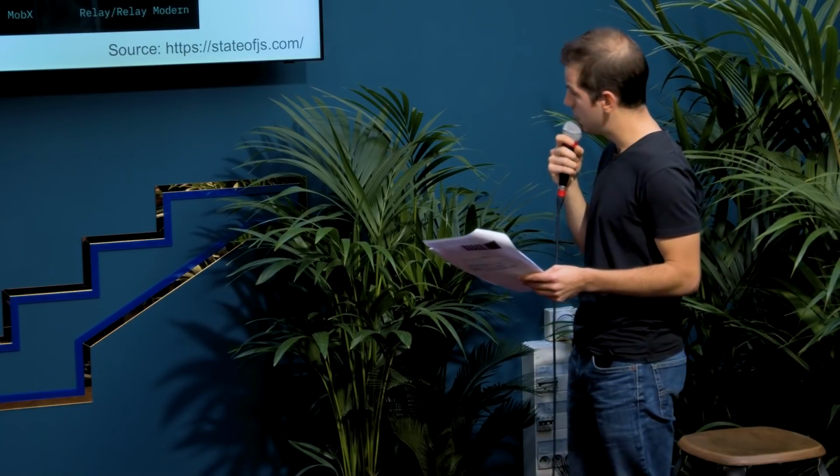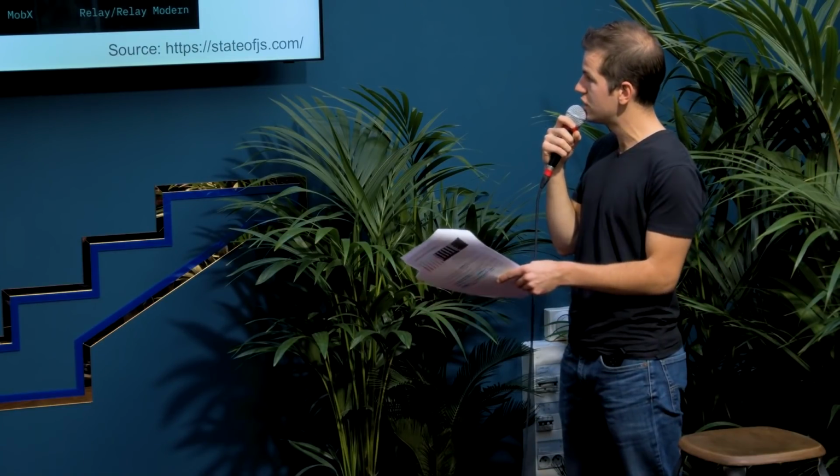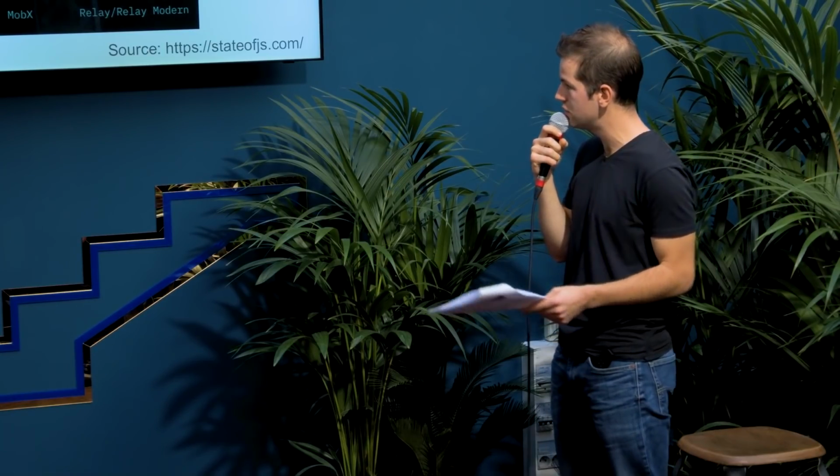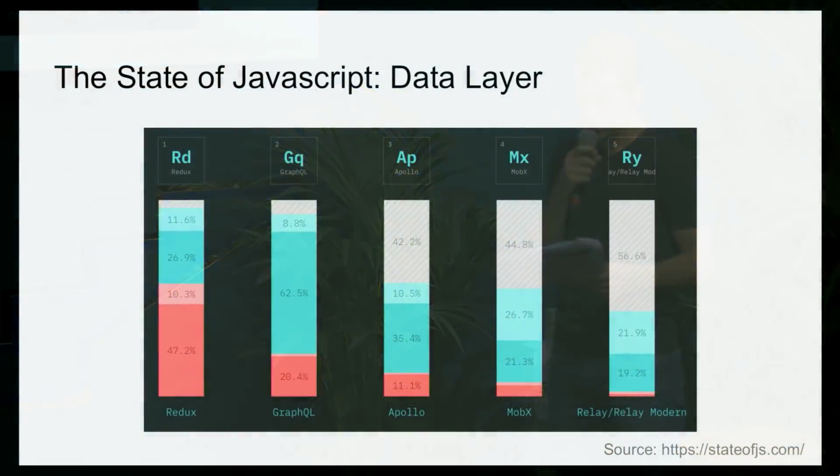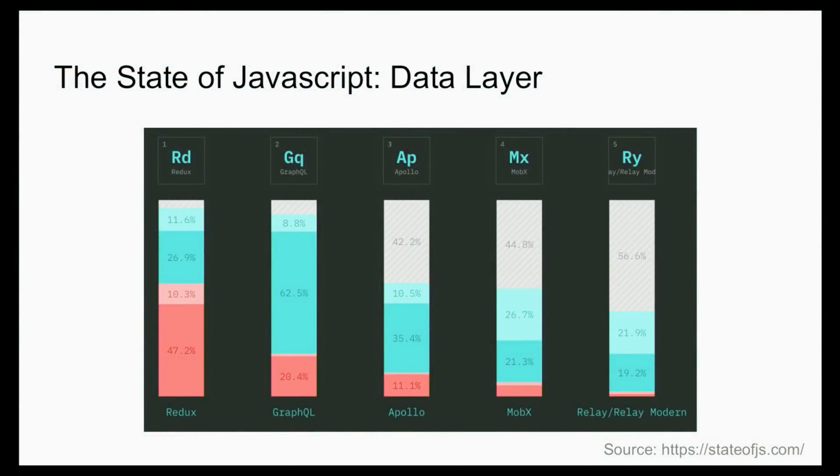Okay, so this was mainly about rendering technologies, React, Vue, that stuff. But when you need to fetch and manipulate data, you have a lot of choice also on the front end. A few years ago, having a REST API and storing the result in your Redux store was the default choice.